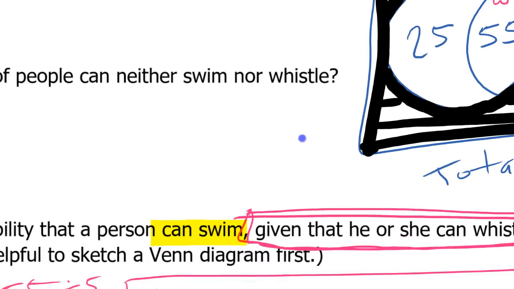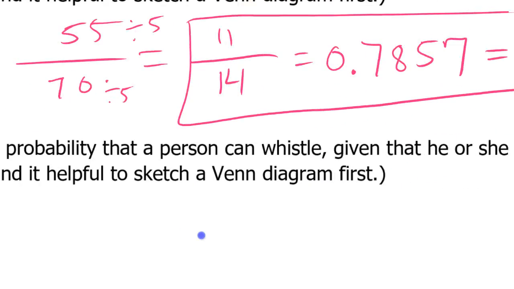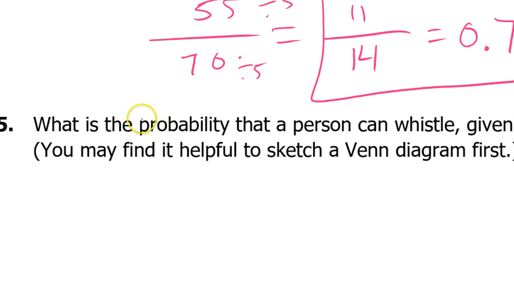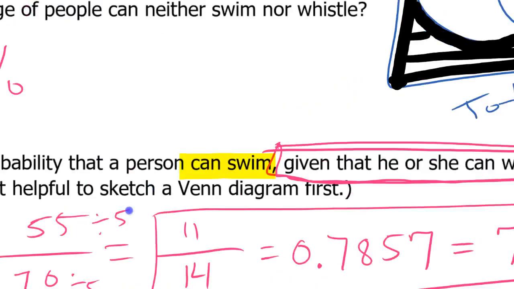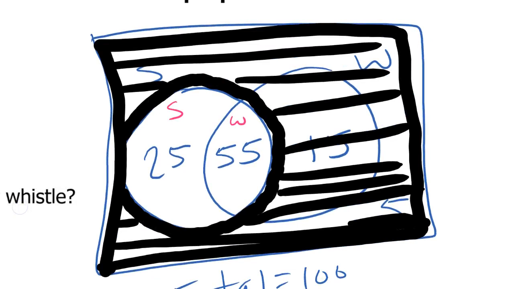Now, what's the probability we were asked to find? What is the probability that a person can whistle given the shrunken universe? The target is the whistlers, so we should shade that in. Probability is target over total.